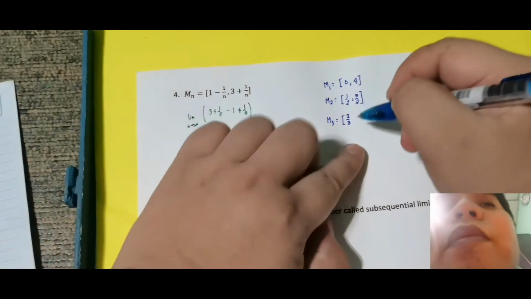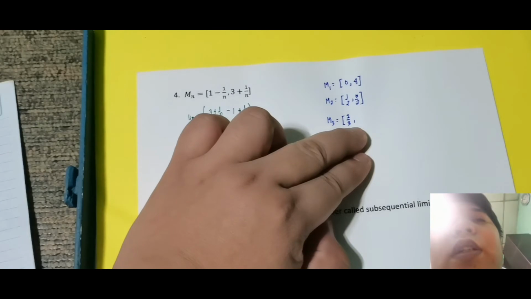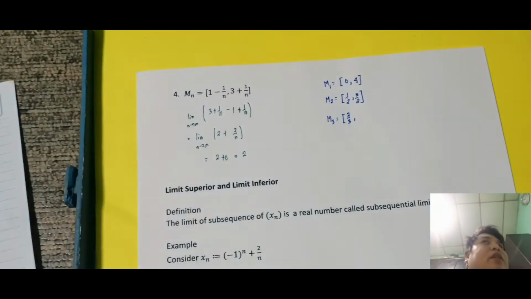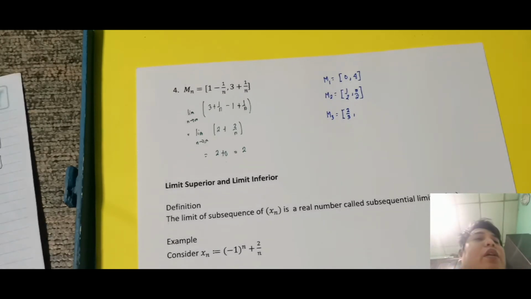Then here, 3 plus 1 over 3, that is 9 over 3. No, 10 over 3 I think.